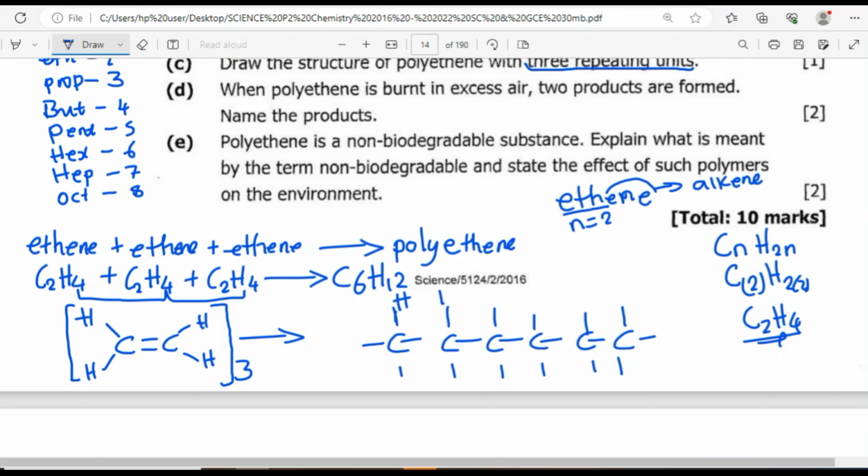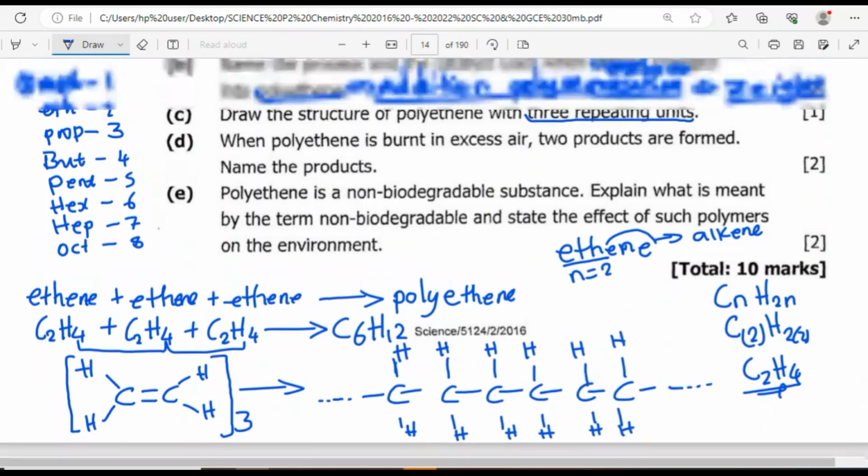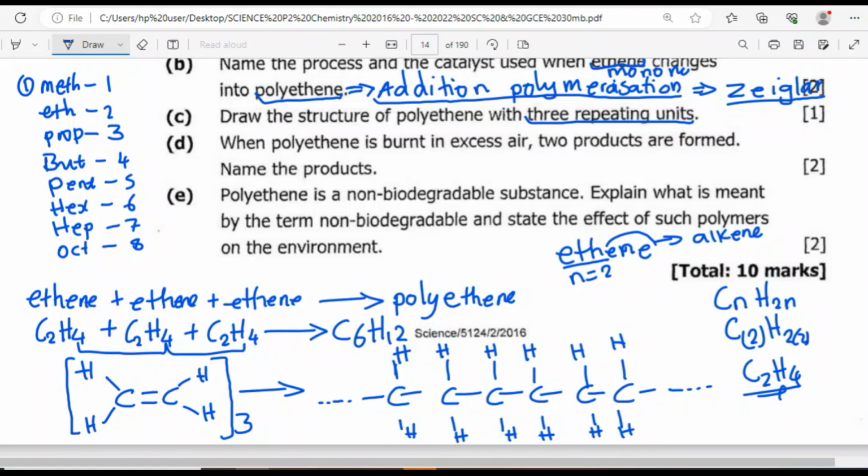Then the 12 atoms of hydrogen will be here. So 1, 2, 3, 4, 5, 6, 7, 8, 9, 10, 11, 12. Then here, do not put anything, you just have to leave it like this. This indicates that we can still add more monomers. So this is how you can write the structure of a polymer whenever you are dealing with this.